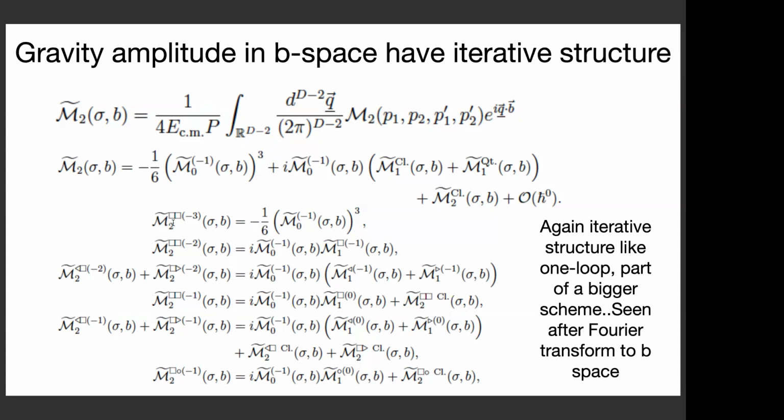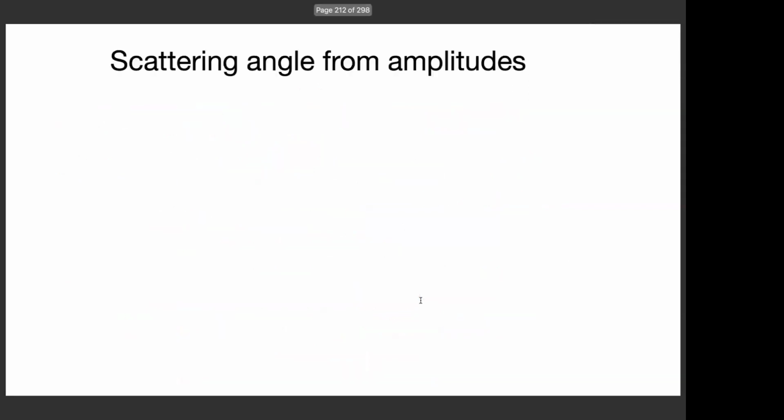For instance, at the leading order in inverse h bar, we get a very nice cubic piece, the piece from first order in h bar inverse cubed. And that piece is linked to the piece we have in the h bar cubed factor here. So we see that there's a lot of iterative structure in this when we transform to B space.